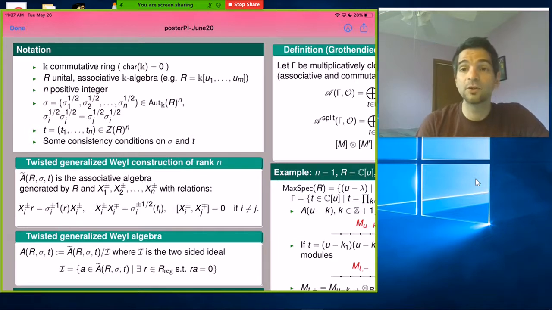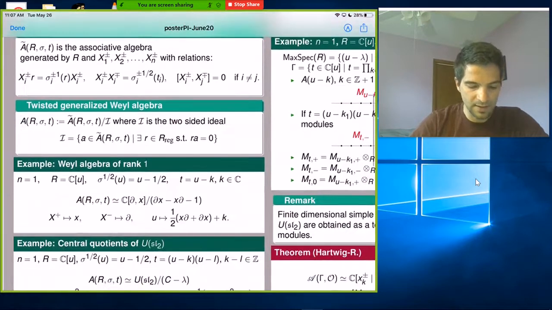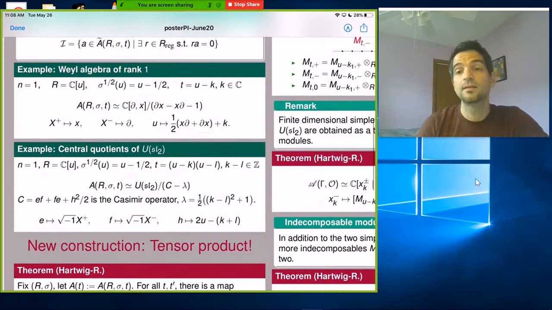Sigma is an n-tuple of commuting automorphisms of our base ring, and T is going to be an n-tuple of elements in the center of the ring. This is a very general family of algebras, and it includes a lot of examples of algebras that are interesting in representation theory. So, for example, Weyl algebras, as the name suggests, and also certain quotients of universal enveloping algebras.